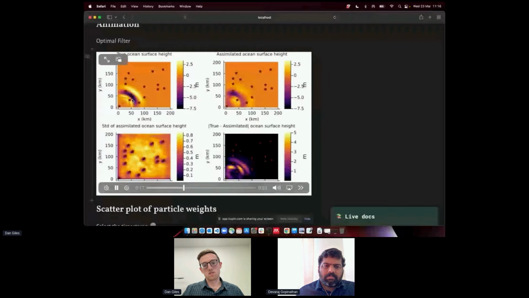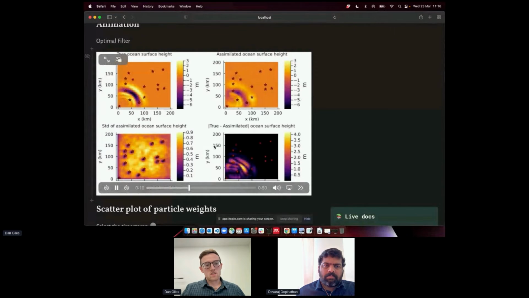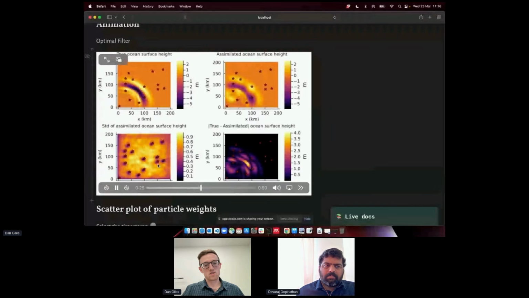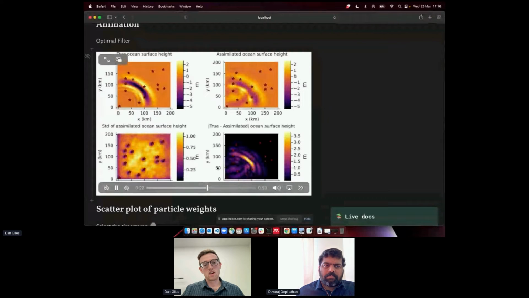As the wave propagates up, you can see the standard deviation is minimal closer to the observation locations themselves, and then the error is on the bottom right.